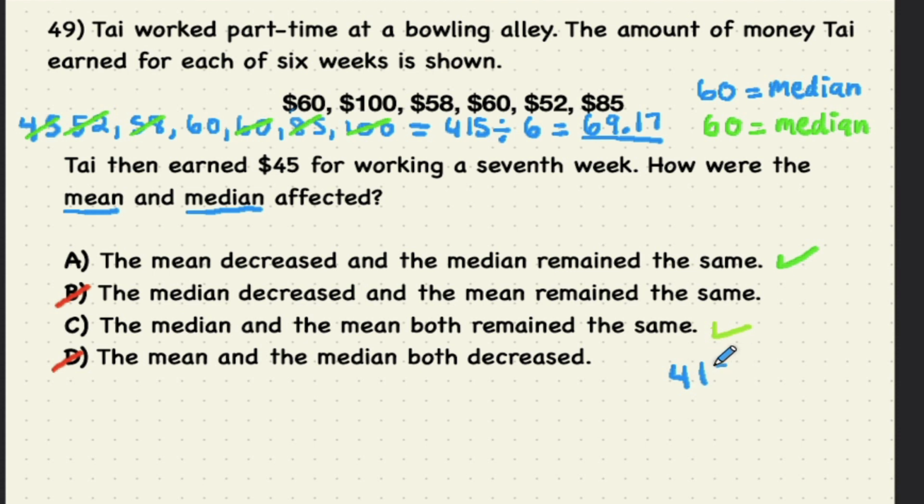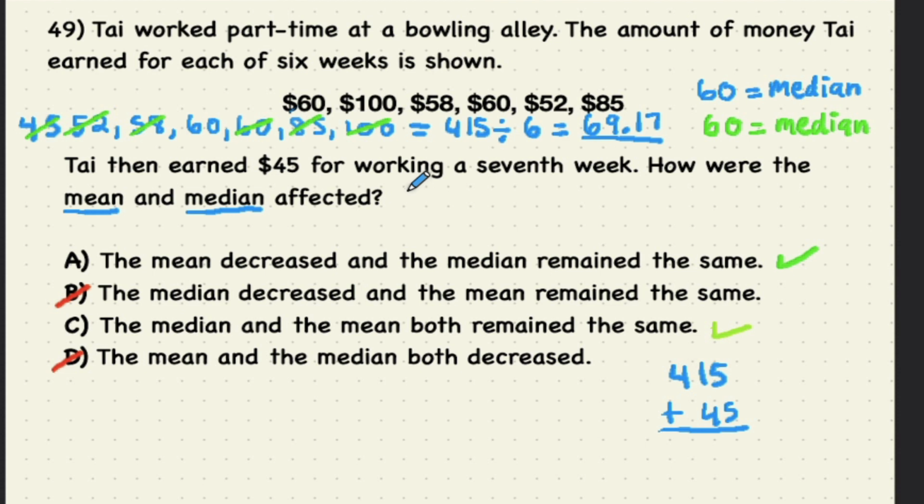So we have 415 plus 45. Okay, and so this gives us a value of 460. And then we have to divide by 7.